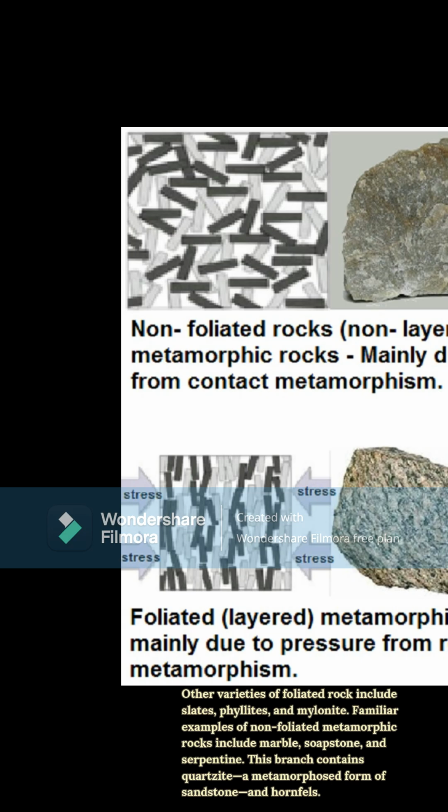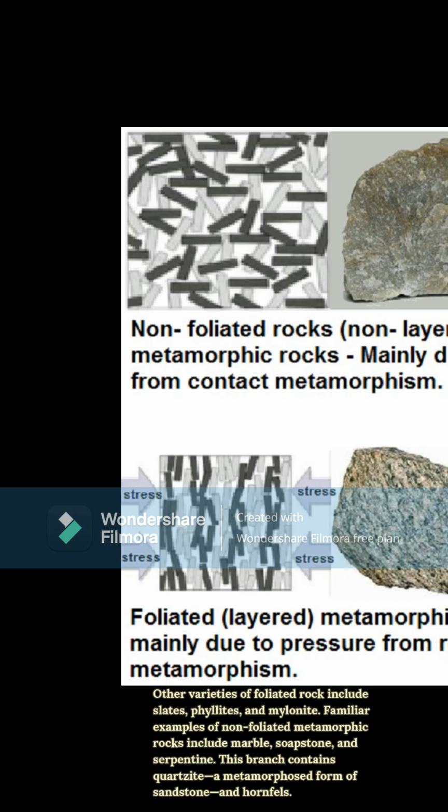Familiar examples of non-foliated metamorphic rocks include marble, soapstone, and serpentine, which this branch contains quartzite, a metamorphosed form of sandstone and hornfels. Non-foliated rocks are due to heat from contact metamorphism. Foliated rocks are from pressure from regional metamorphism.